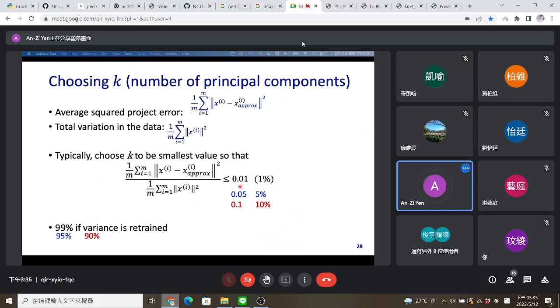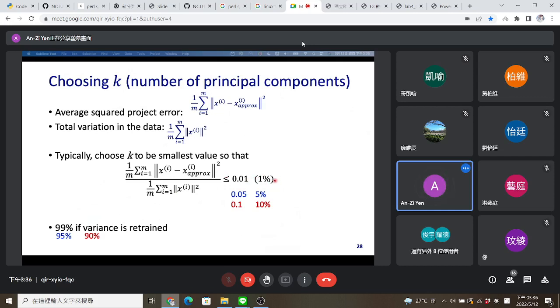In other words, a pretty common way to think about choosing k is that we want the average squared projection error, the average distance between x and its projection, divided by the total variance of the data, which is how much the data varies, and we want this ratio to be less than 0.01, or you can say less than 1%.